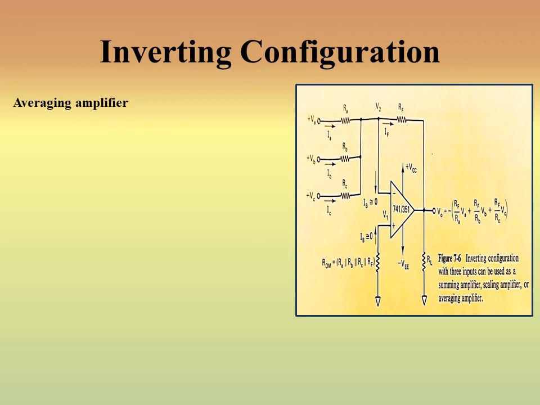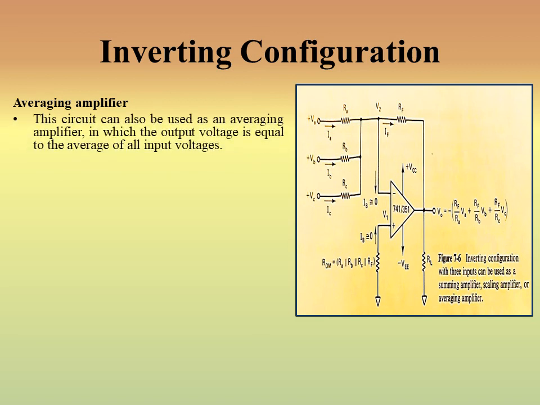So in this way we calculate the average. Here also, by a suitable combination of resistors, we can make this circuit give an output voltage which is the average of the input voltages. This circuit can also be used as an averaging amplifier in which the output voltage is equal to the average of all input voltages.